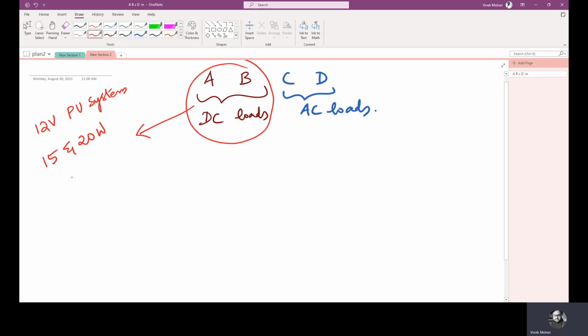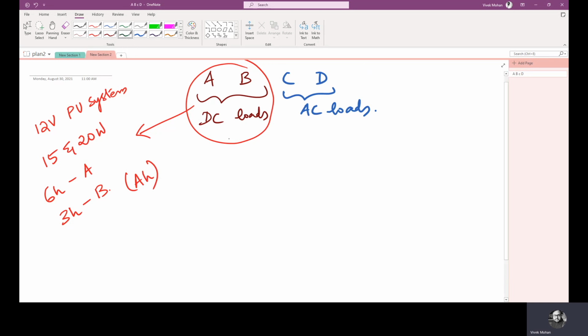The average operational time per day for these loads is 6 hours for A and 3 hours for B. Now the first step is to find the daily energy requirement of the devices expressed in ampere hours.